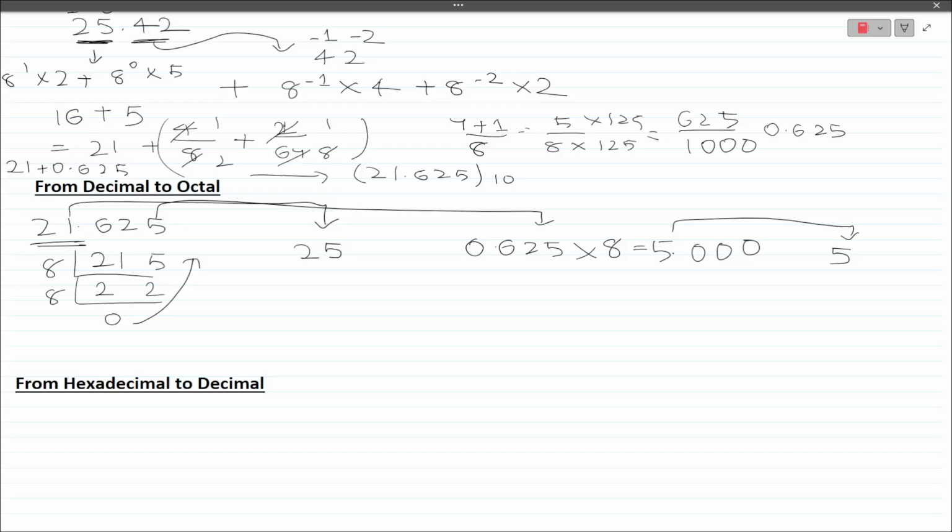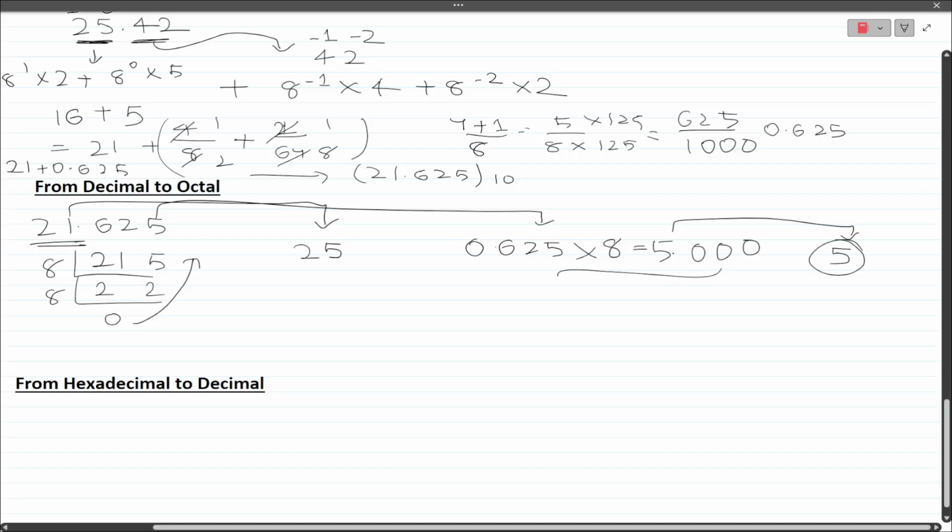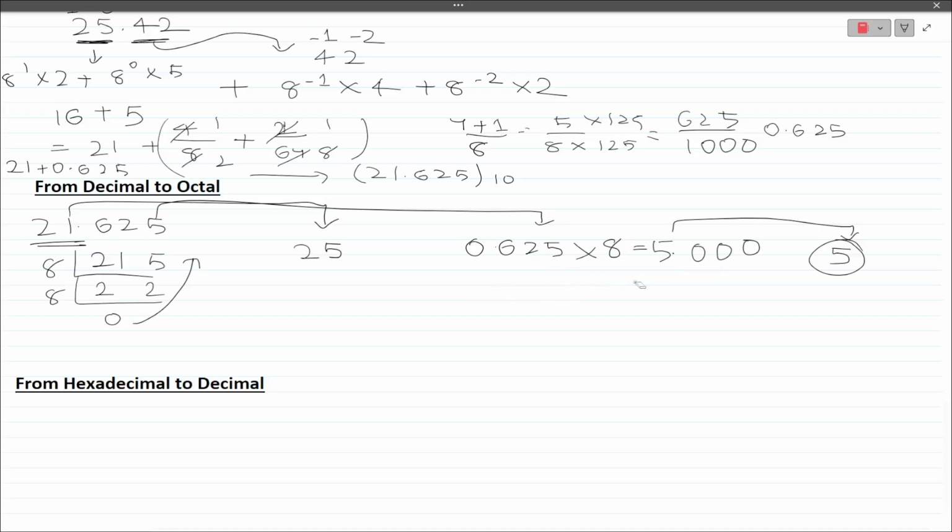Have I done something wrong somewhere? Let me check this. It will be 5 there. So 25. I have already got 5 if I take the decimal part. So it will be 0 everywhere. So it's good. We have got 5 over there.